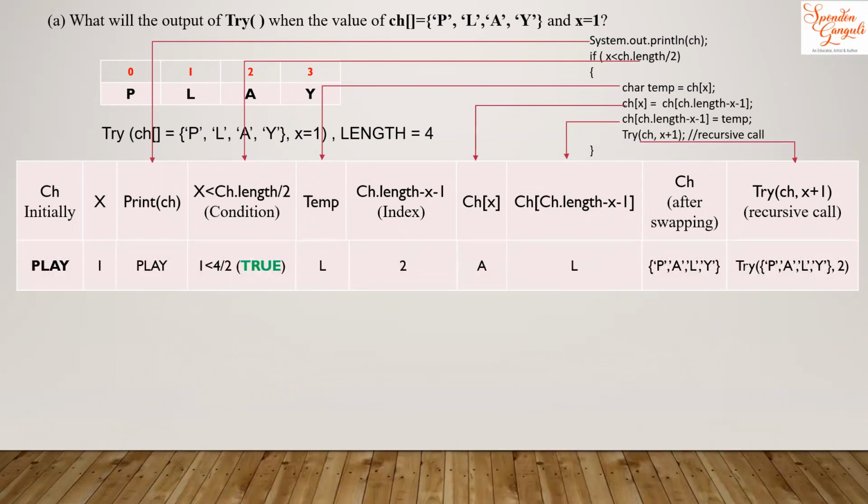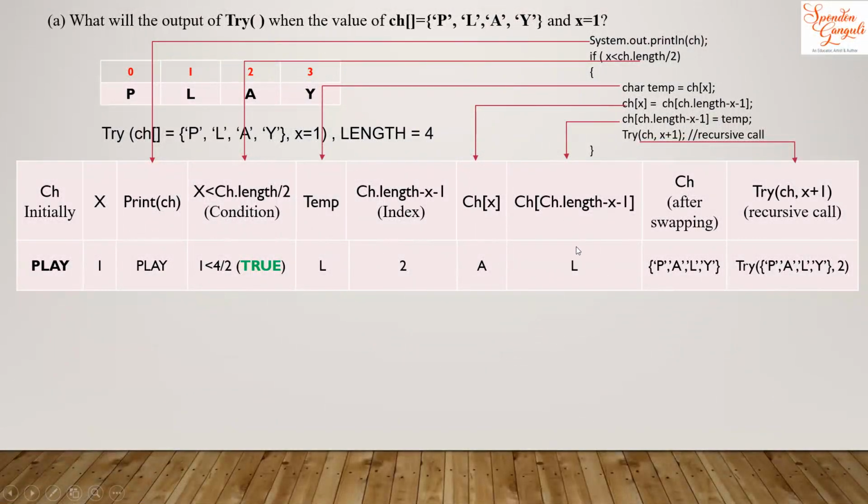So when play is passed with the integer parameter x at 1, it is printing play. Now the condition holds true: 1 is less than 4/2. So the temporary character variable is storing the letter at index position 1, that is L. The second index position is 2.